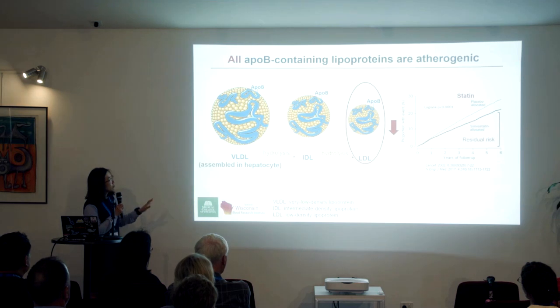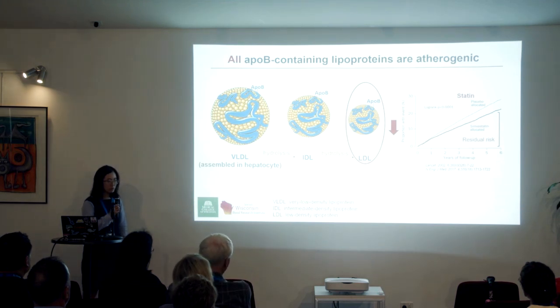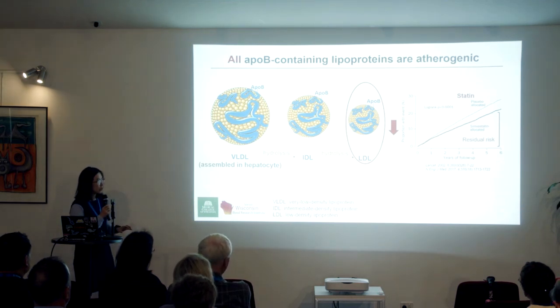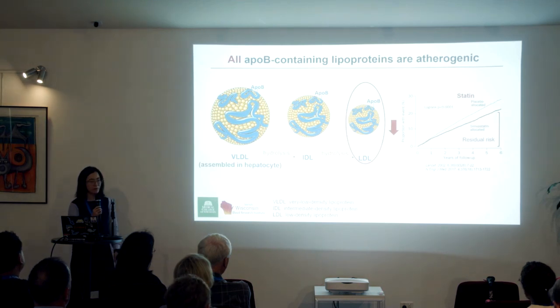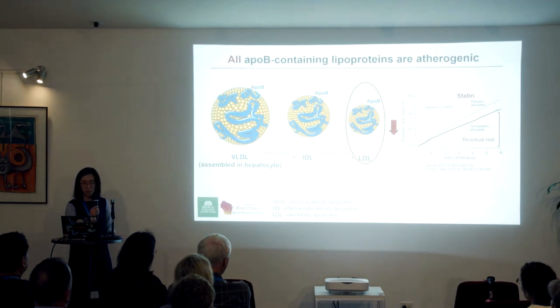And all of the ApoB-containing lipoproteins are considered atherogenic. In the past decades, drugs have been developed to lower LDL cholesterol, including the statins. Statins can actually reduce LDL cholesterol levels to very optimal levels.